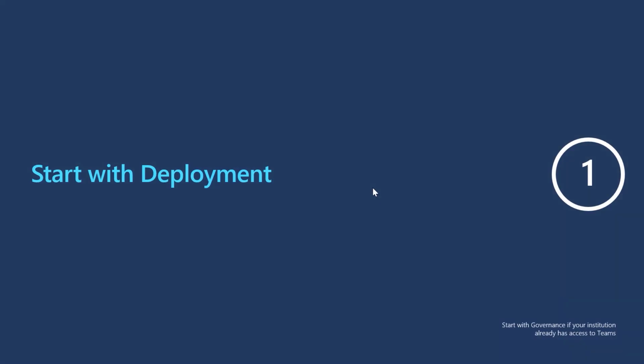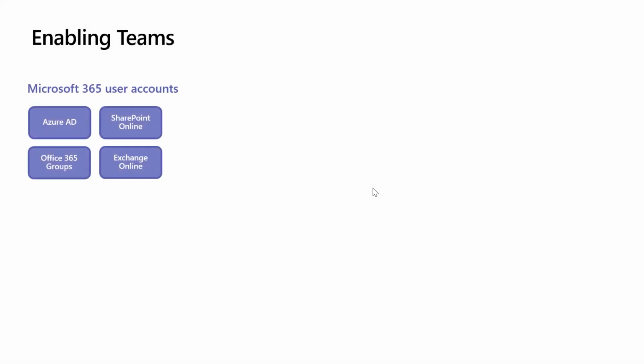Okay, so the first thing that is important is starting with deployment. So when we think about deployment, keep in mind that Teams is a part of Office 365. So a lot of the things you're going to see are going to rely on specific services in Office 365 and potentially in the whole Microsoft ecosystem. So first of all, we're going to need Azure Active Directory accounts.